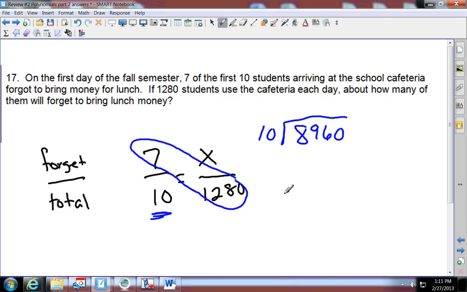Divide by 10. Like a bat and a ball. Oh, that's a bat, and this is like the ball right there. Yep. So now when you divide this, what do you get? 896. So it will be 896 students will forget.